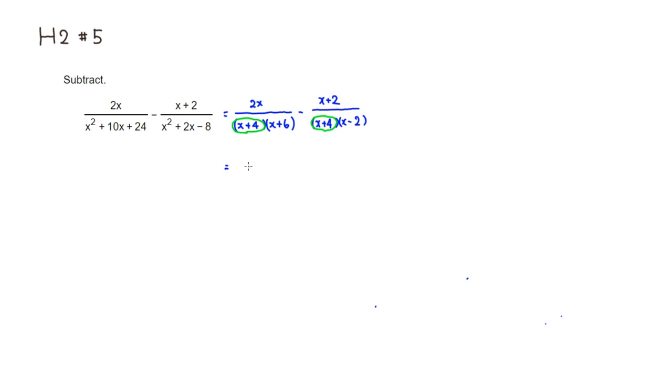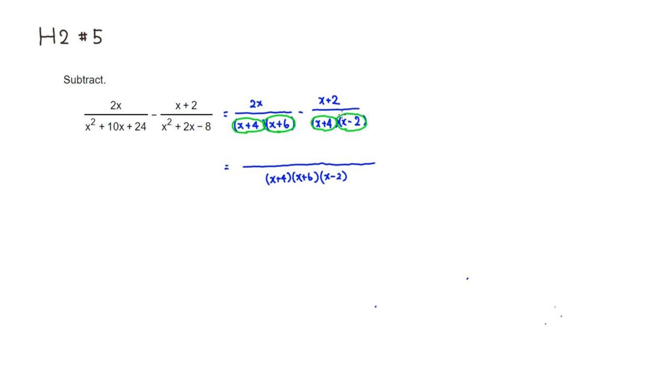So we're going to have a big fraction: x plus 4, and we need that x plus 6, so that will take care of this one. And then we still need x minus 2, and that takes care of that one.